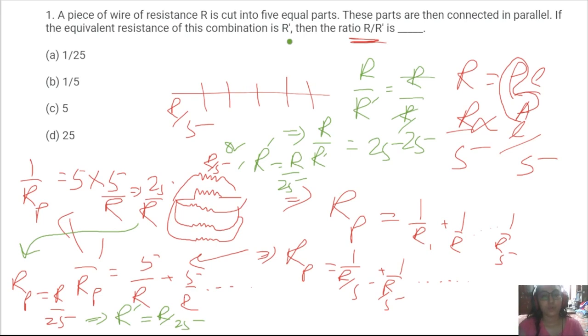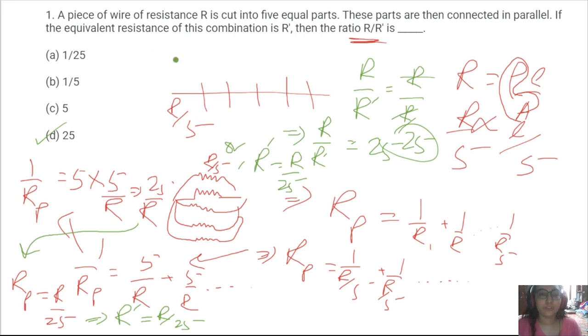So what does this mean? This basically means that for our answer it will be this one, D. But what it means is that obviously when you connect any resistance in the parallel combination, the cumulative resistance will always be very low as compared to if it was connected in series, right?